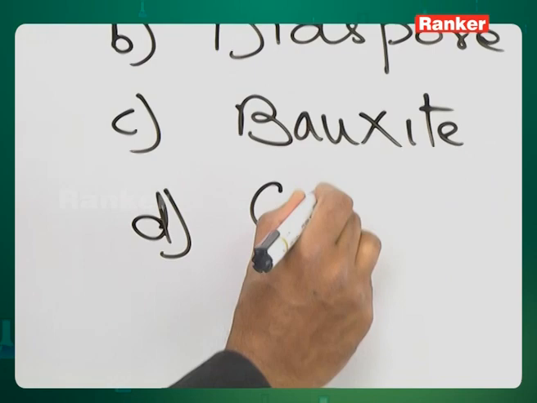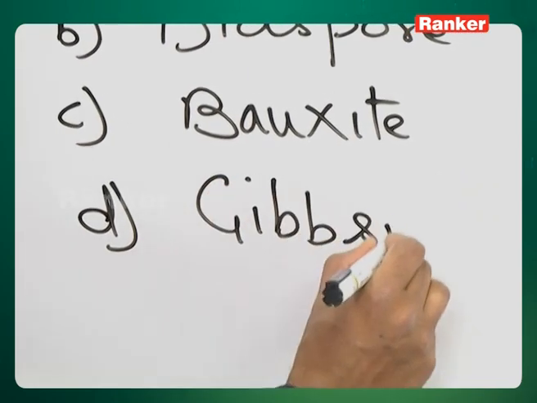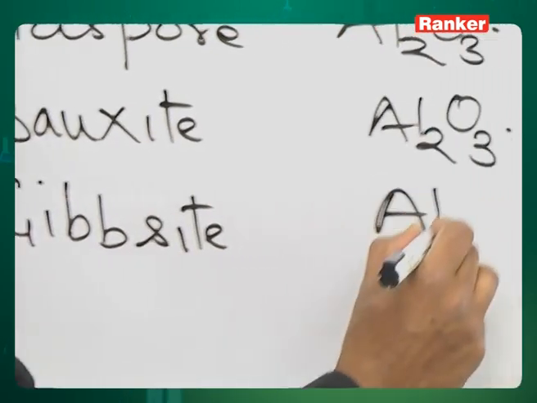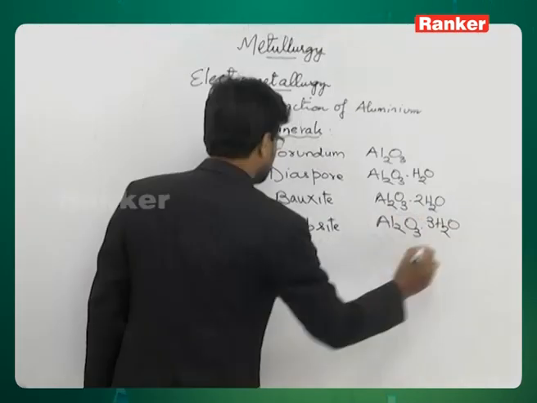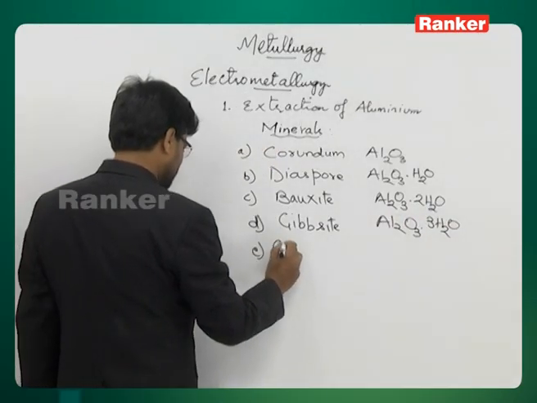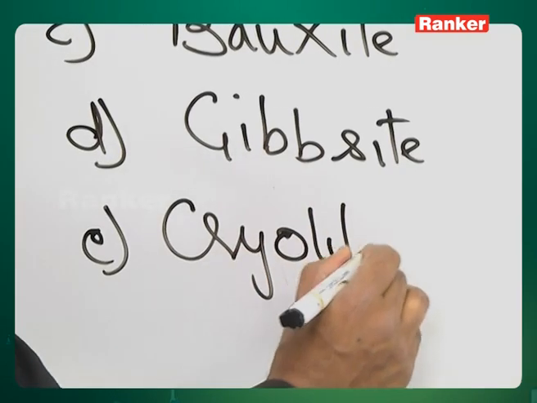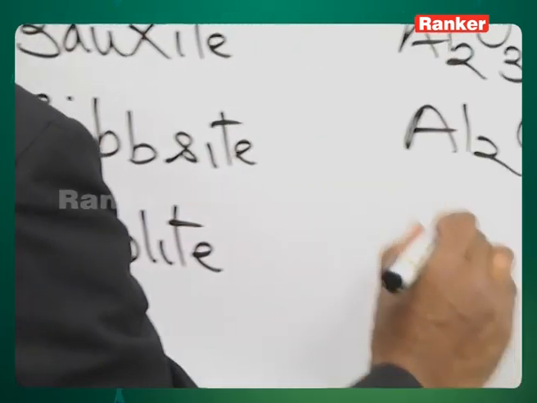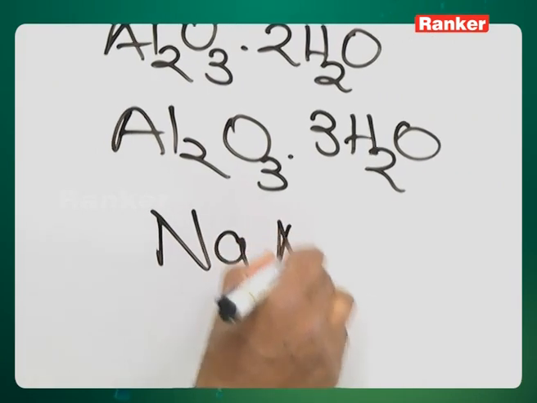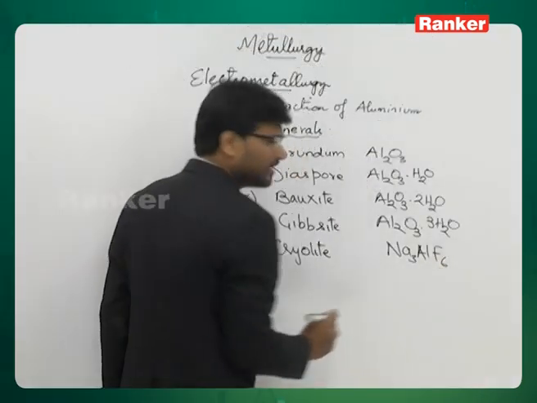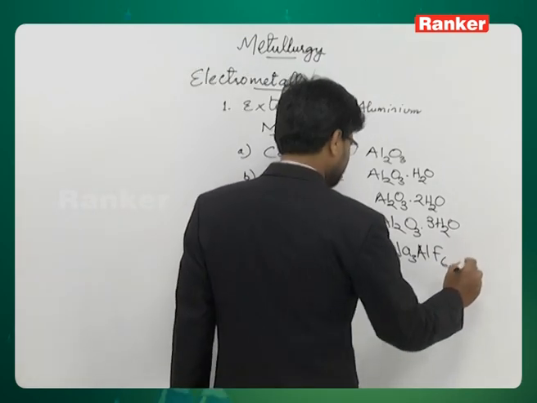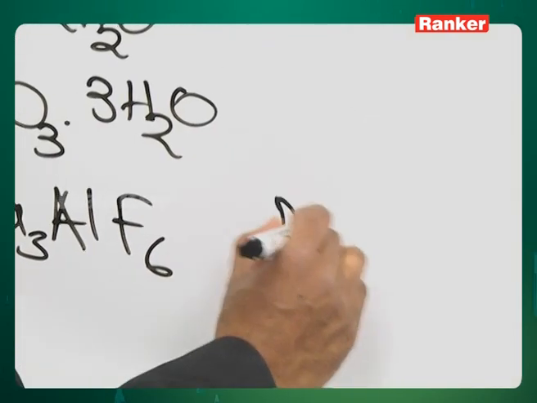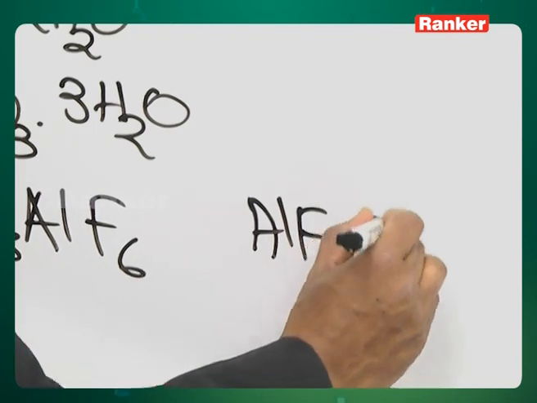Next, gibbsite. This is Al2O3 dot 3H2O. Next, you have cryolite. Cryolite is Na3AlF6. This is a double salt, a double fluoride made up of AlF3 dot 3NaF.